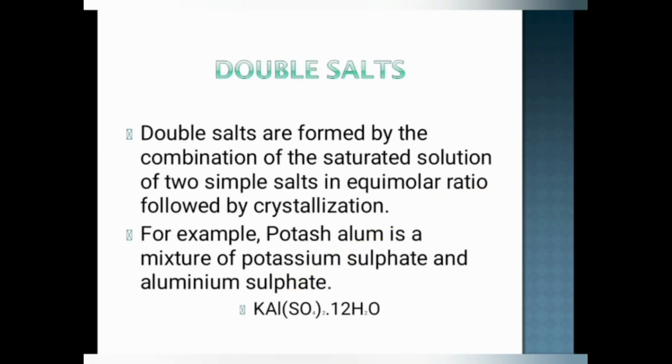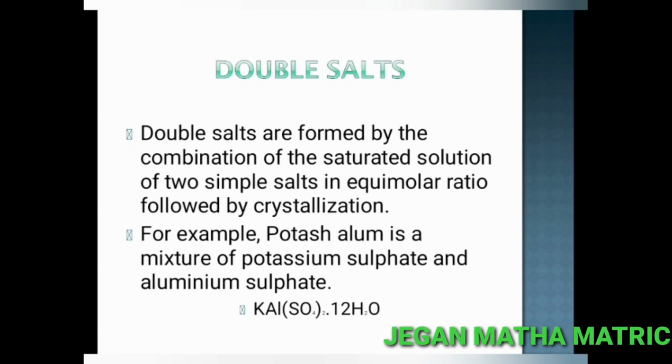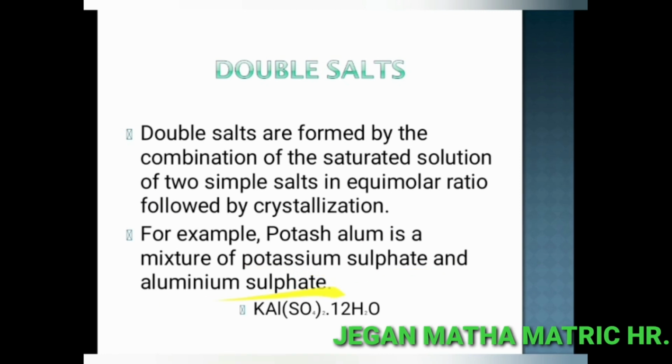So next type is double salt. Double salts are formed by the combination of the saturated solution of 2 simple salts in equimolar ratio followed by crystallization. For example, potash alum is a mixture of potassium sulfate and aluminum sulfate.